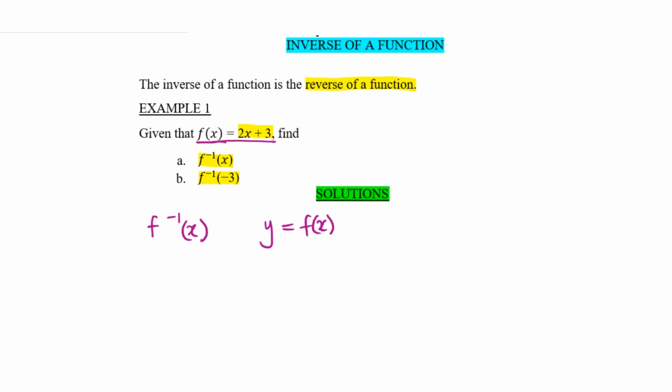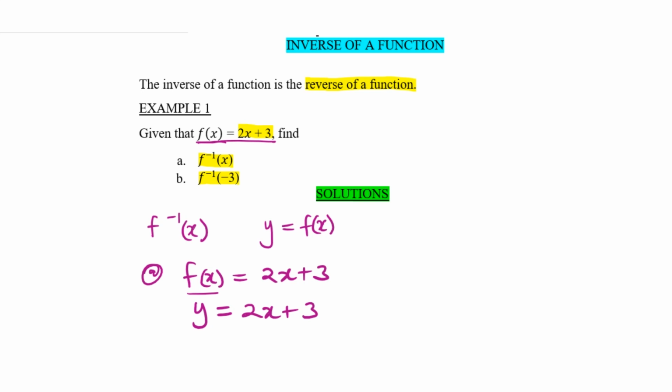Let me write it. So we are writing f of x is equal to 2x plus 3, where there is f of x there, we replace by y. That's the first step. Say y equals 2x plus 3.